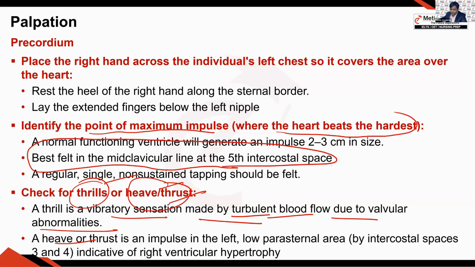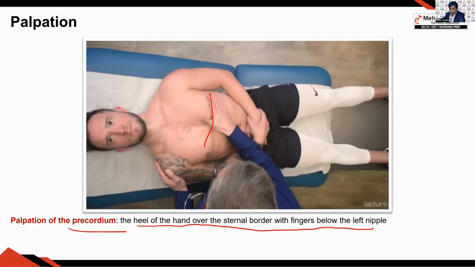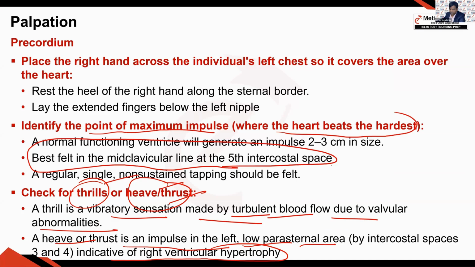So heave is a thrust, an impulse in the left parasternal area, which indicates right ventricle hypertrophy. So it is a special impulse in the left low parasternal region. This is what they are assessing with the help of the hand. They assess the third and fourth intercostal space, which has the impulse in the left low parasternal area.